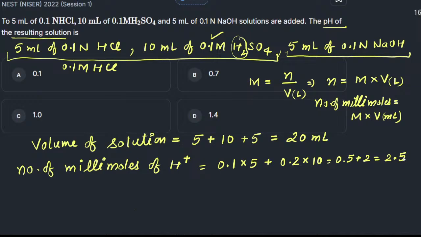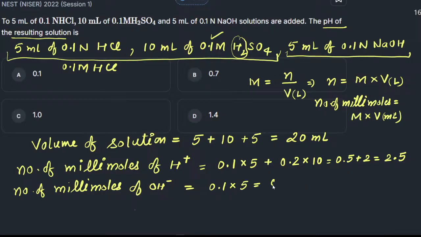Number of millimoles of H plus ion is 2.5, and number of millimoles of OH minus ion is 0.1 into 5, so 0.5.